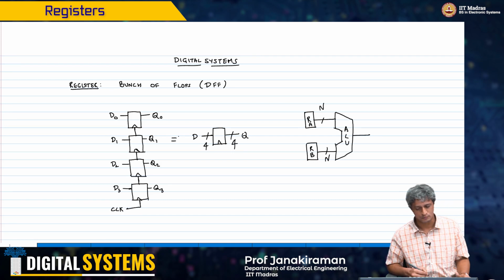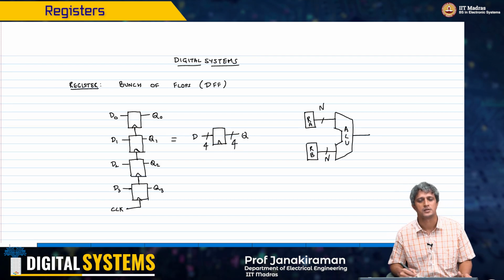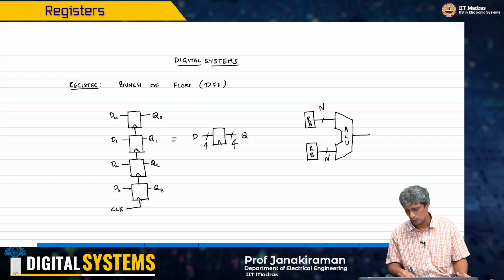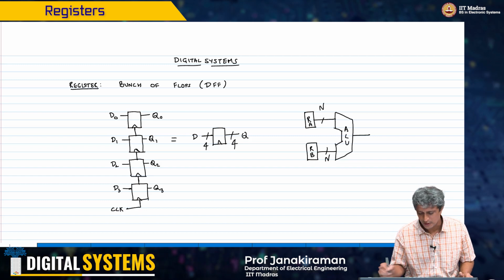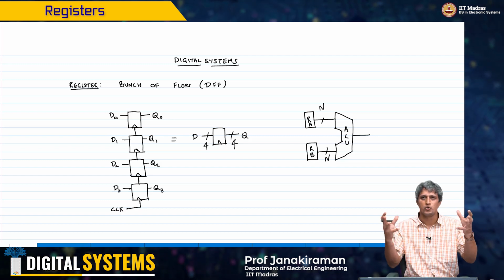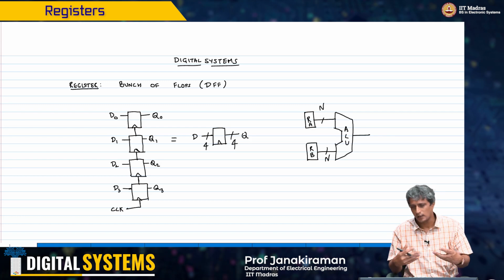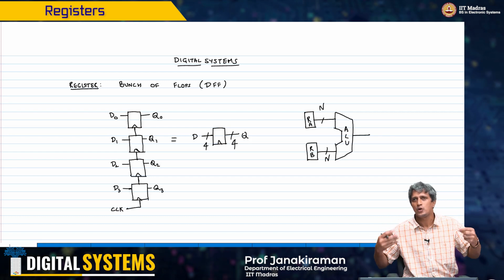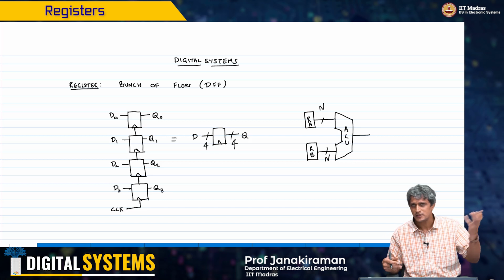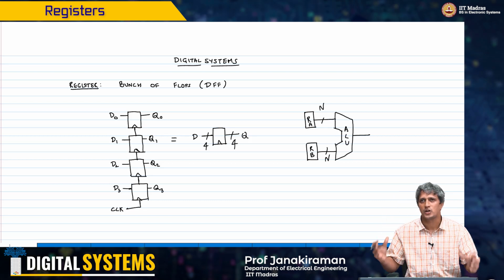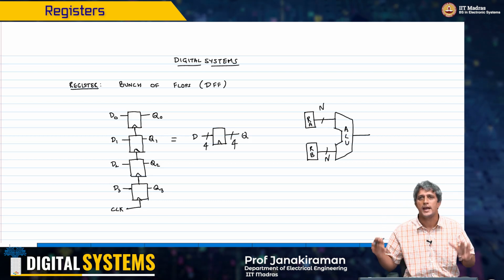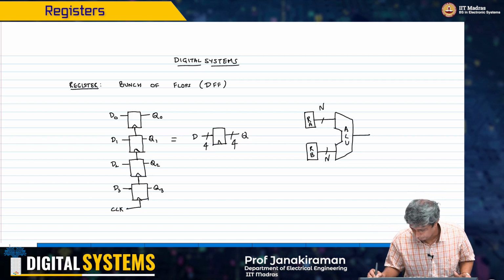So I could equivalently draw this register like this, okay? And even when we come to the timing diagrams, I alluded to this earlier, we will not get into D0, D1, D2, D3 as such. We will just talk about the collection of bits D0 to Dn-1 in general, okay?